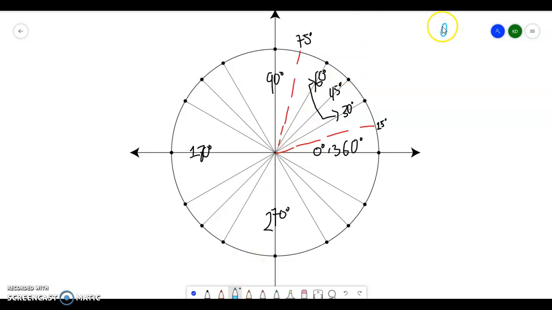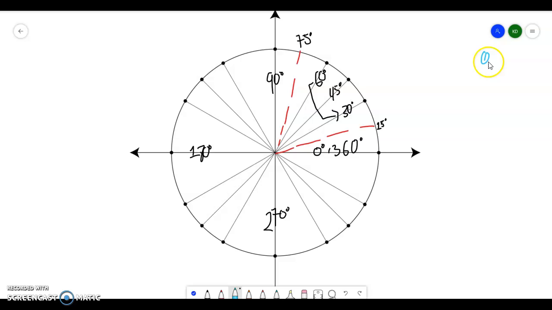So to convert theta in degrees to radians, I have to multiply it by a whole circle in radians over a whole circle in degrees.